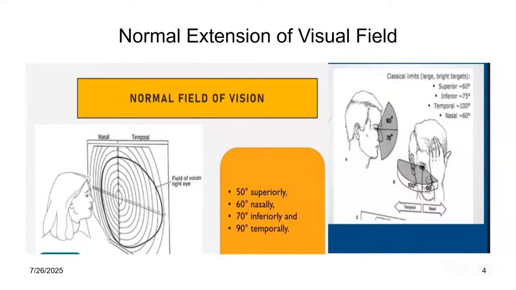The reason is that temporally, we don't have so much obstruction in our field of vision compared to the superior, nasal, and inferior.